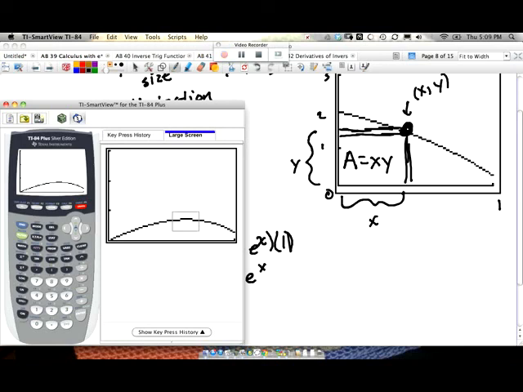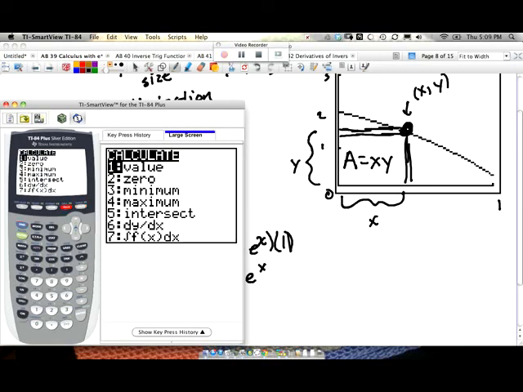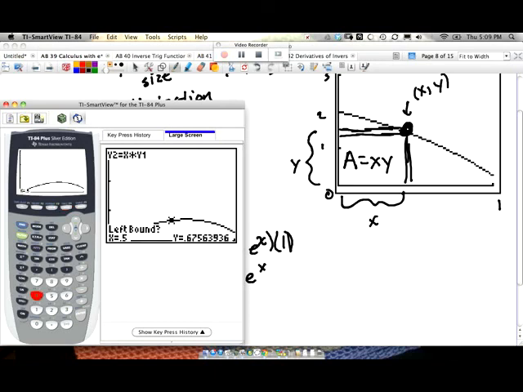It definitely looks like there is a maximum value about here. Can I calculate the maximum value? You betcha. Second calculate, maximum. And sure, let's go from there. And we know it's between that point and a little bit further. Guess somewhere in the middle, about there.